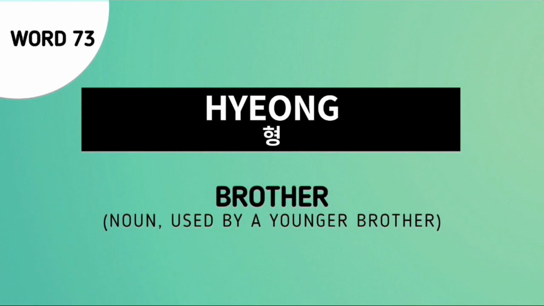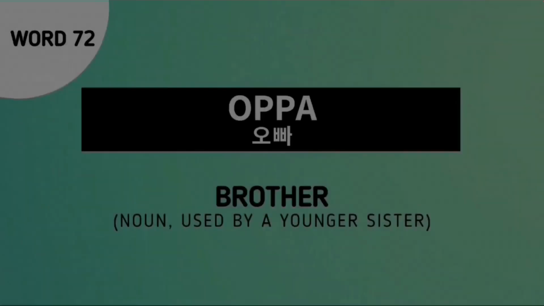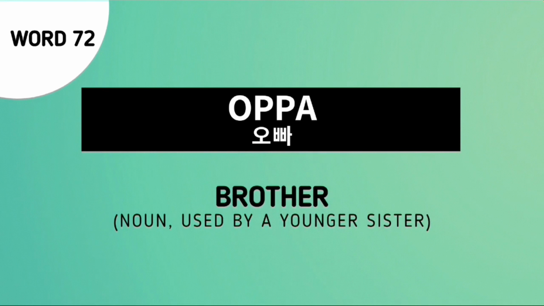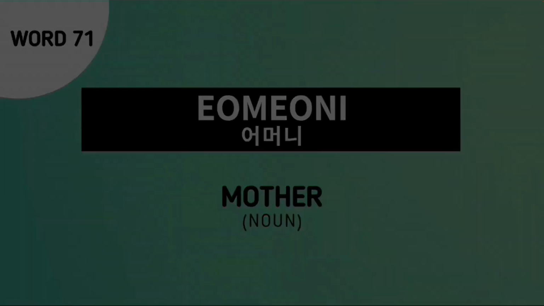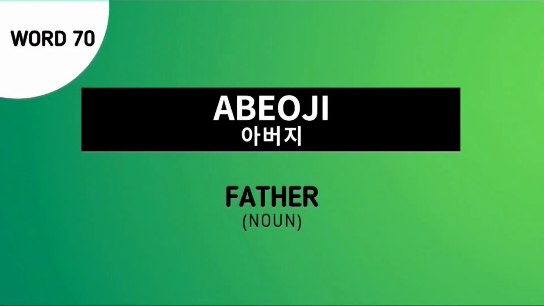Next word is 형. This is a term for brother, and this is used by a younger brother. Next word is oppa. This is another term for brother, but this time this is used by a younger sister. Next word is 어머니. This is the Korean term for mother. Next word is 아버지, and this is the Korean term for father.